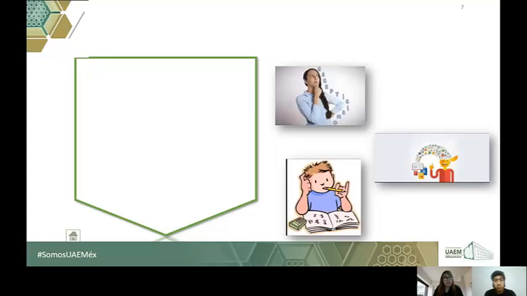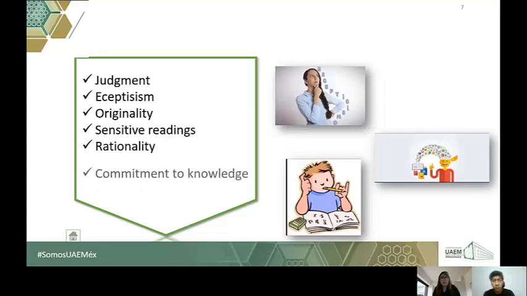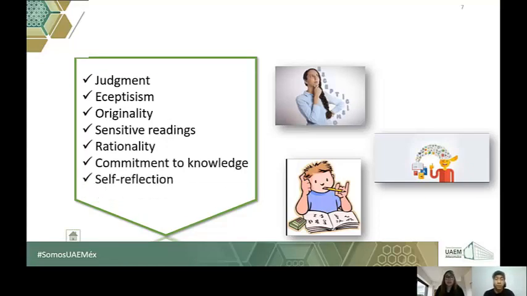Some experts in areas such as history, philosophy, or cultural studies have identified some important aspects of critical thinking, such as judgment, skepticism, originality, sensitive reading, rationality, context knowledge, and self-reflection.